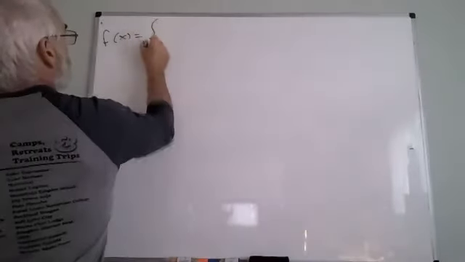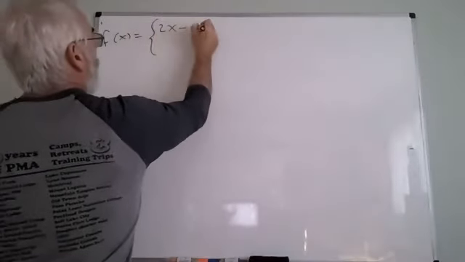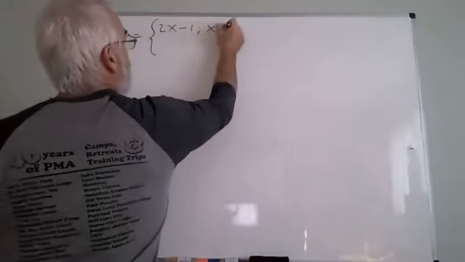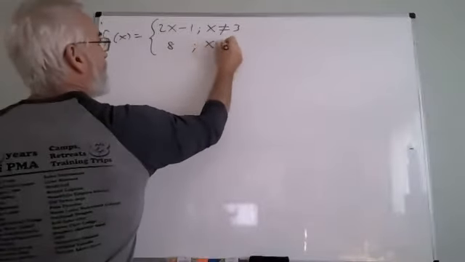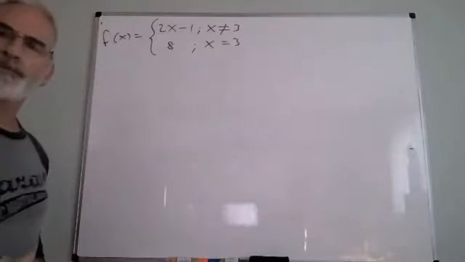Okay, so let's suppose the function in question that we're looking at. Let's suppose that f of x is equal to 2x minus 1 when x is not equal to 3, and it equals 8 when x equals 3. So this is sort of an interesting graph.